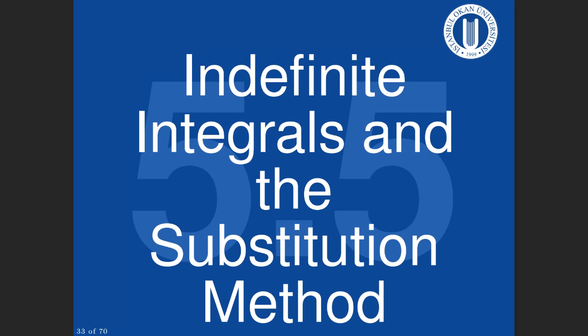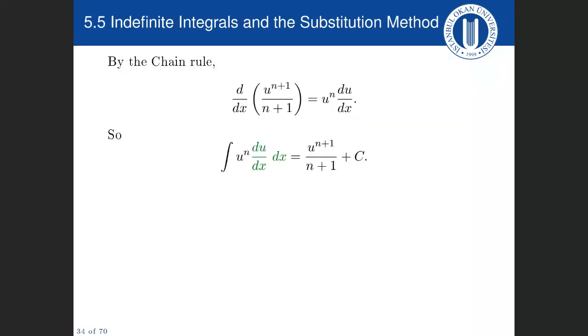Section 5.5 is about indefinite integrals, so functions, and the substitution method. By the chain rule, as we've looked at before, the derivative of u to the power n plus 1 over n plus 1 is the derivative of this function with respect to u, or just u to the n, multiplied by du dx.